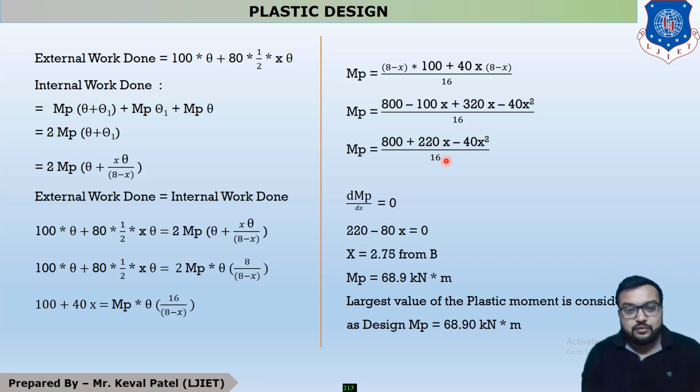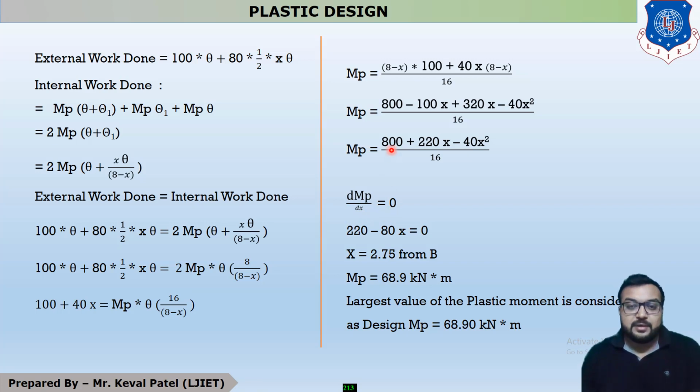Now, first of all, we have to find x, at which point your moment is maximum. Whenever you have to find the value of x, you have to differentiate that equation, so dMP by dx is equal to 0.